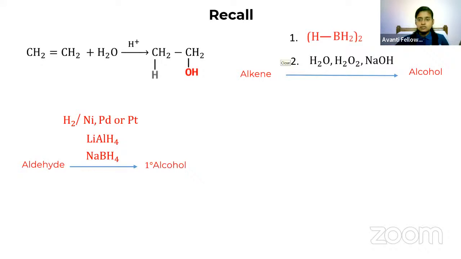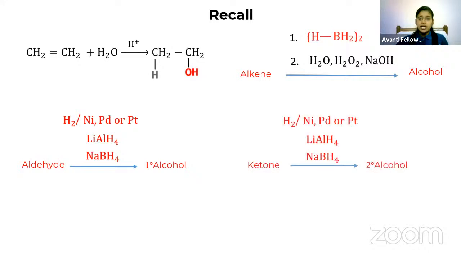The aldehyde will be converted to a primary alcohol by using the reducing agents given in the list. And the ketone can be reduced to a secondary alcohol using the same reagents. Got it? So this is the second method of preparation of alcohol from carbonyl compounds.